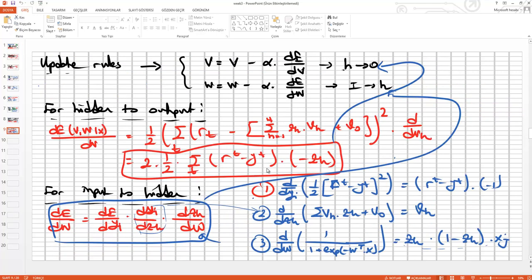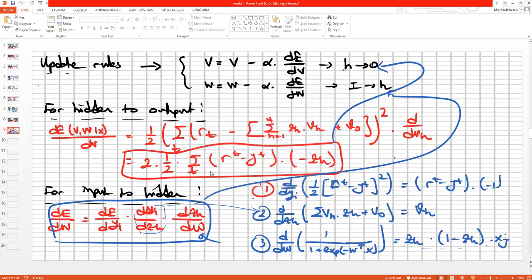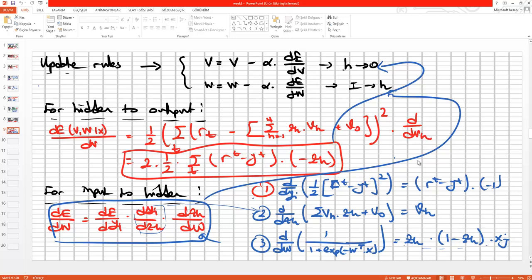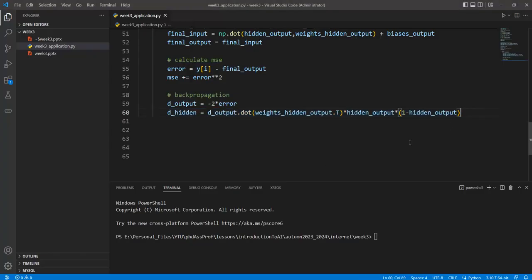This is the weight, this is the hidden, just this one. The other term is the d hidden, and we update the coefficients like this.